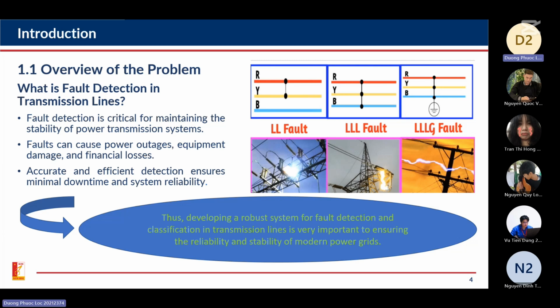And here we have LLL fault, that is three-phase fault, a fault involving all three phases, typically small. And we have three-phase to ground fault, a fault involving all three phases and the ground, often causing big damage.